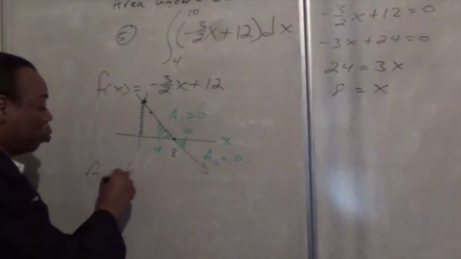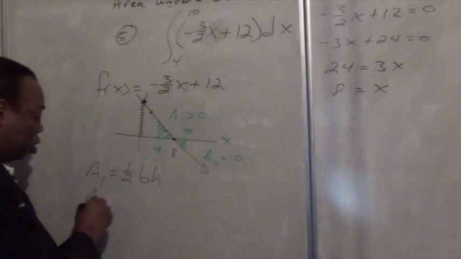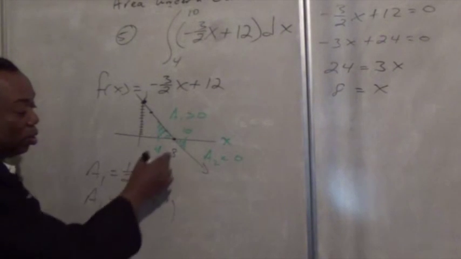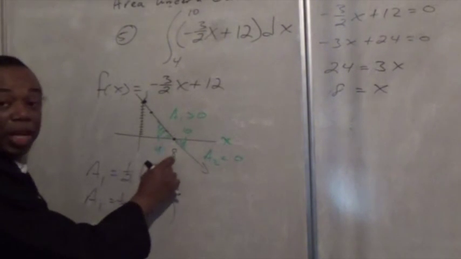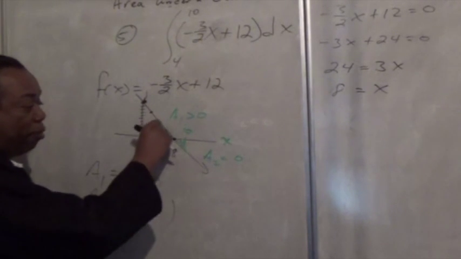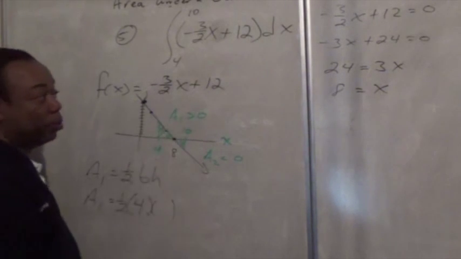So the area 1, which is 1/2 base times height, for the base, the distance between 4 and 8 is 4. For the height of this triangle, we need to put 4 into the function here.